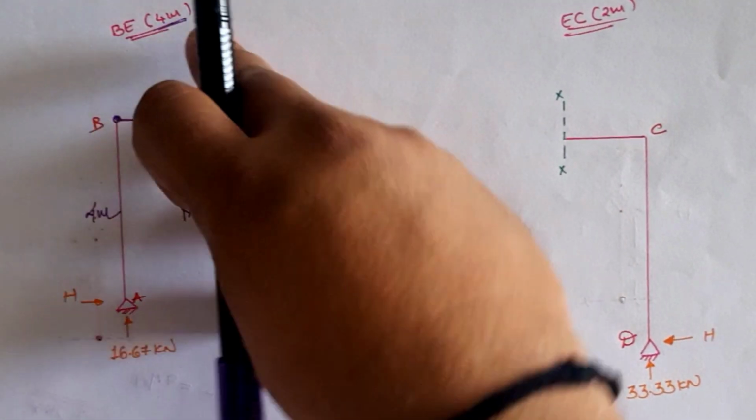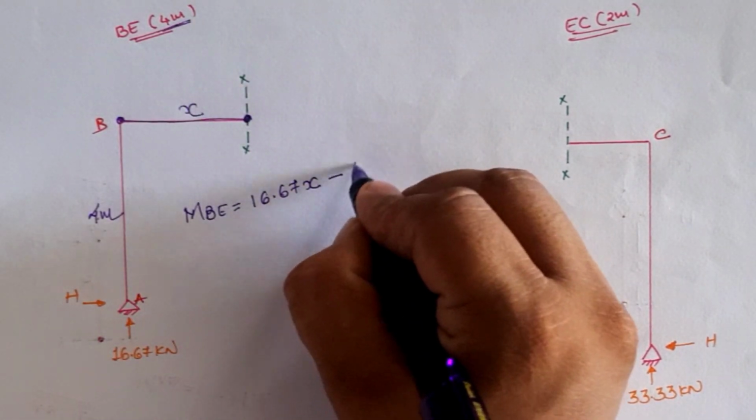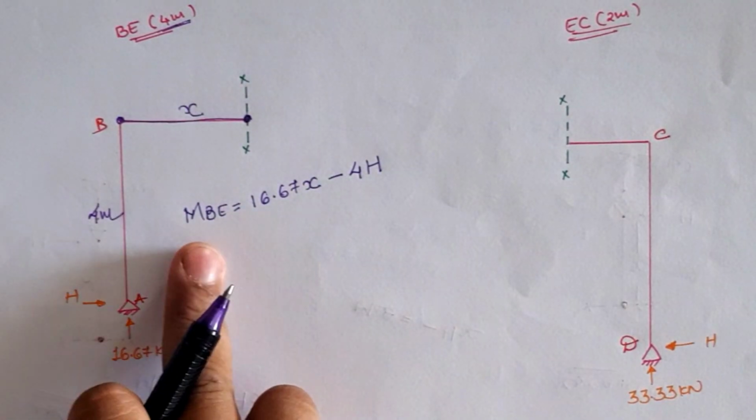The sectional left hand side anti-clockwise moment is negative, so it is minus 4 into H for the B to E segment.